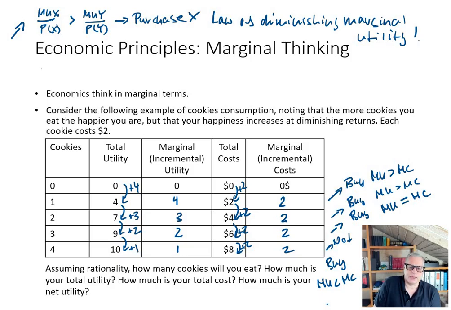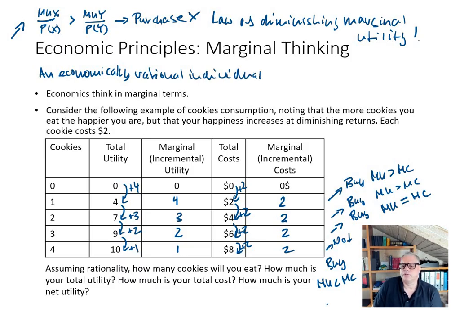So we can write that maybe an economically rational individual expands consumption as long as the marginal utility from consumption is greater than the marginal cost.